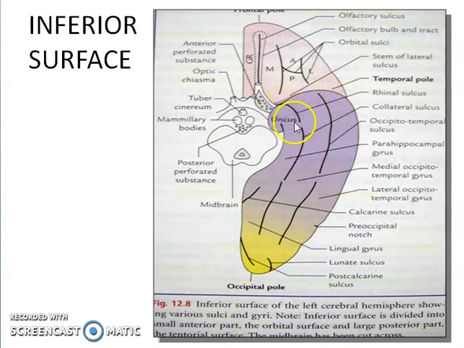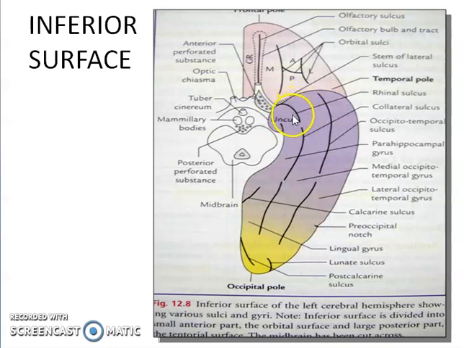Posteriorly, this collateral sulcus is parallel to the calcarine sulcus, and the area lying between these two is called the lingual gyrus. Anteriorly, the lingual gyrus is continuous with the parahippocampal gyrus. Here you can see the parahippocampal gyrus. The anterior end of the parahippocampal gyrus hooks sharply backwards and is limited laterally by a short rhinal sulcus.